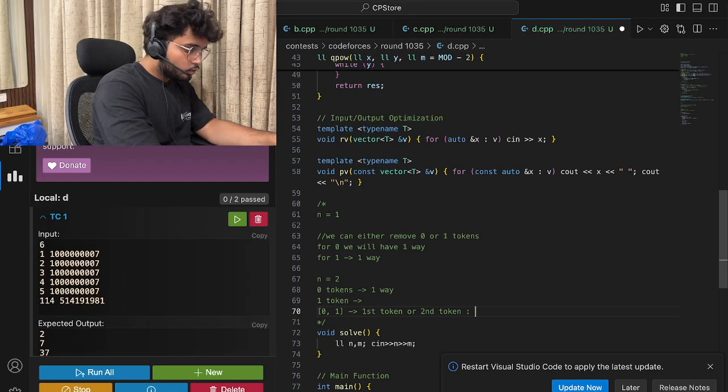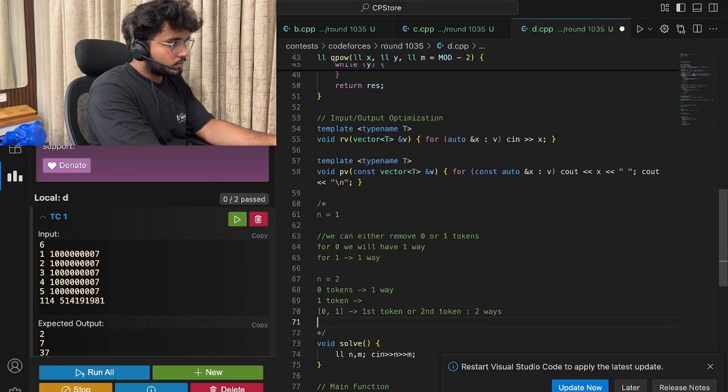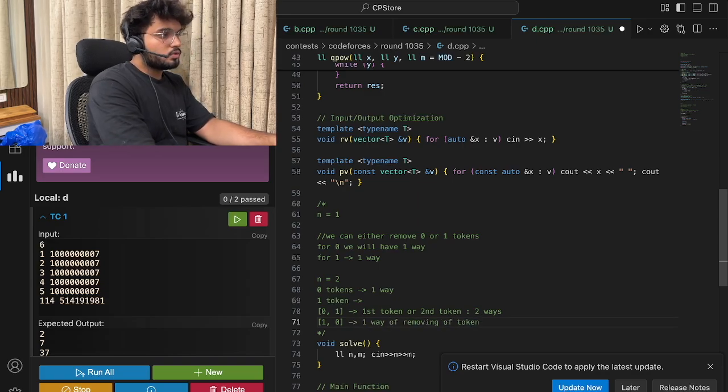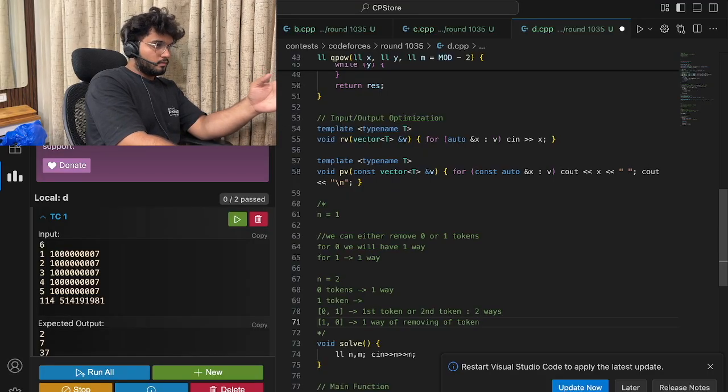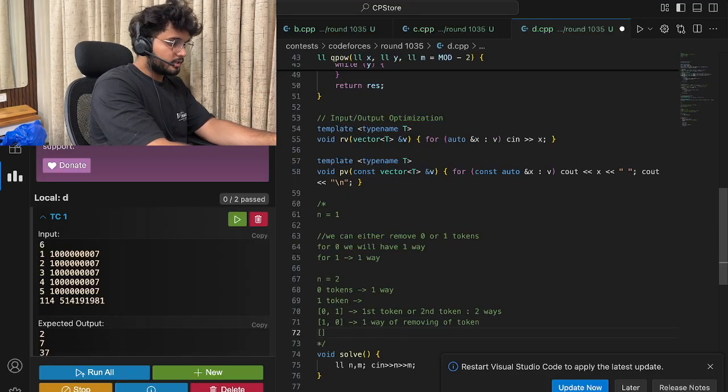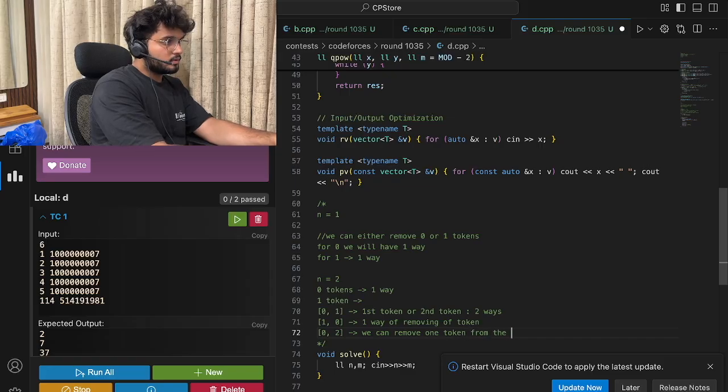So here we have two ways to remove one token. Now, one sequence is this, one way of removing one token: just remove the first token, and for 0 we can't do anything. The second can be 0, comma 2. This means we can remove one token from the second position. So in total, how many ways? This is one way and this is one way.